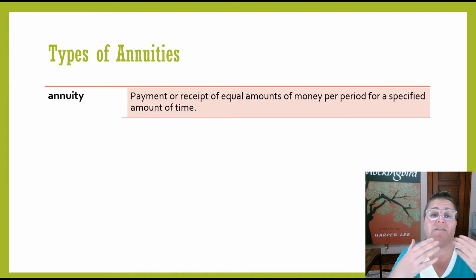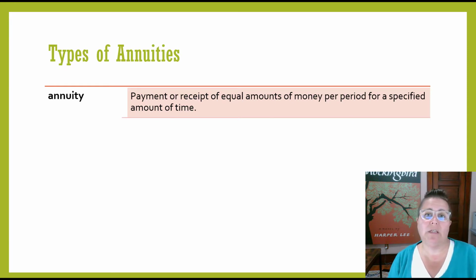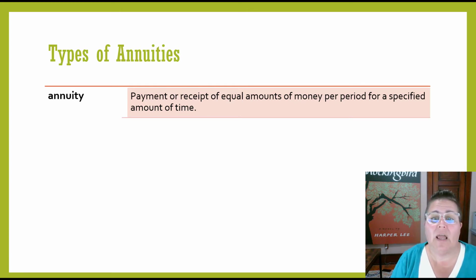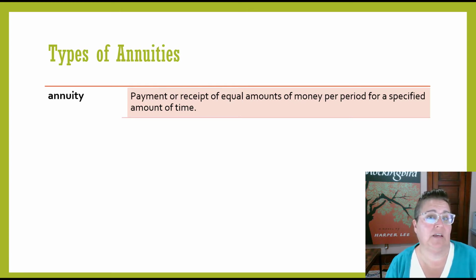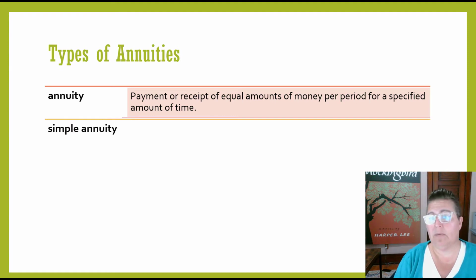They are given in a very specific amount of time, usually monthly, sometimes annually. We'll also be dealing with some that are semi-annually and quarterly, maybe even weekly. And they'll be for a very specific amount of time, 5 years, 4 years, a year and a half, whatever. So it's a specific schedule for a defined or definite period of time.